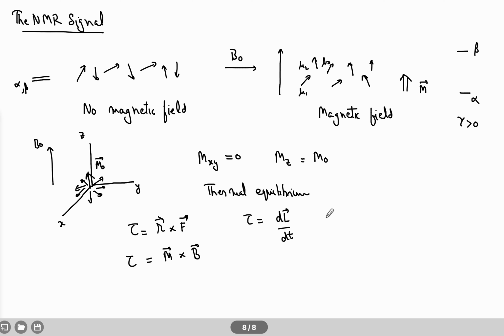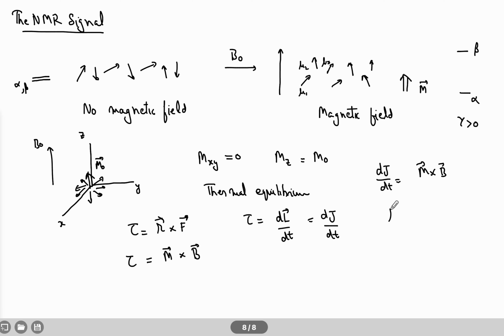Since we are talking about bulk magnetization and bulk spin angular momentum, we can call this dJ by dt, where J is the bulk spin angular momentum. So we can write dJ by dt as M cross B.